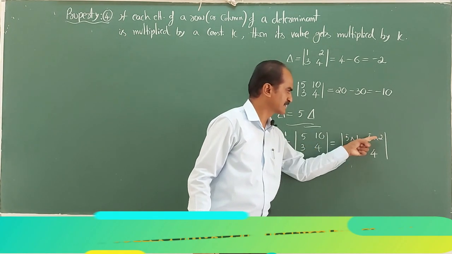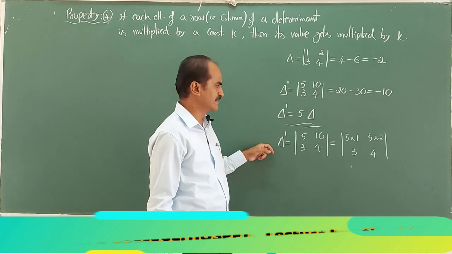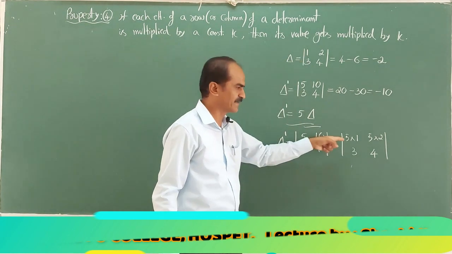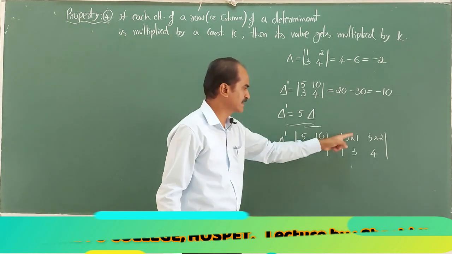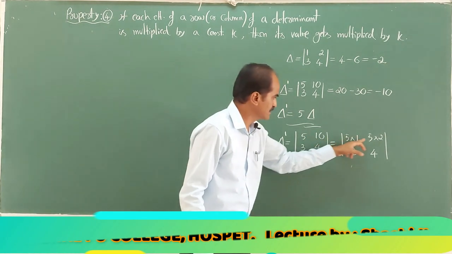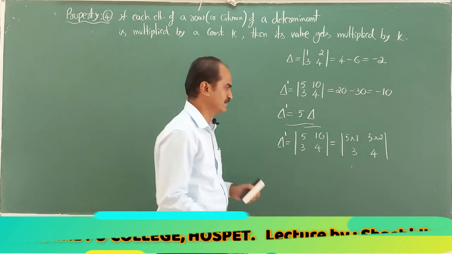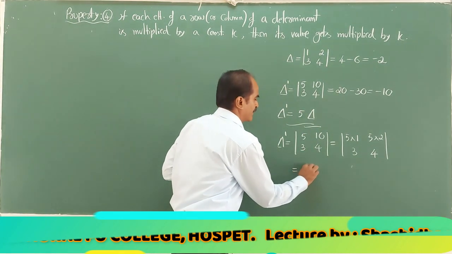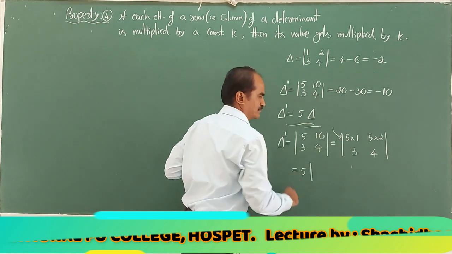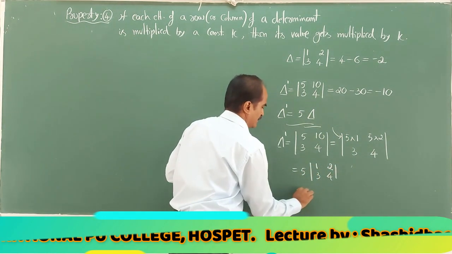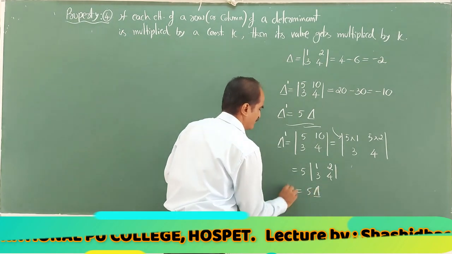They are multiples of 5, because delta dash is a determinant obtained by multiplying first row elements by 5. So 5 and 10 I have written like this. As the first row elements are multiples of 5, I can take 5 common from the first row. Now what I get? 1, 2, 3, 4. Nothing but it is 5 times of delta.